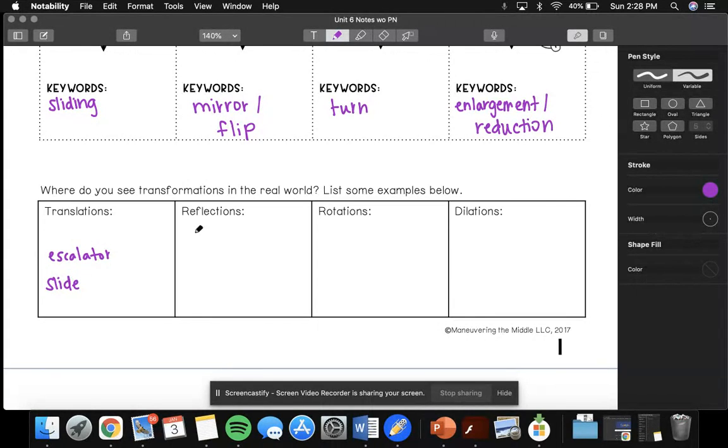Okay. Reflections, I think of just a mirror. If I'm looking in the mirror, it's that picture flipped. Okay. Rotations, I kind of think of door handles. And dilations, I always think of whenever I go to the eye doctor and they dilate my eyes, so then they can see inside them.